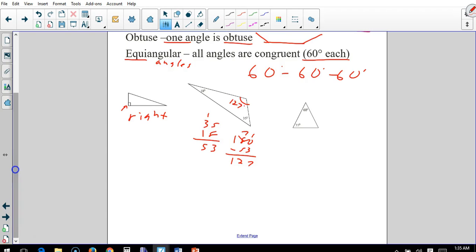So since this is 127 degrees, that makes this an obtuse triangle. Here, 68 and 55. That's 123. 180 minus 123 is 57. Which makes this acute because all of them are less than 90.